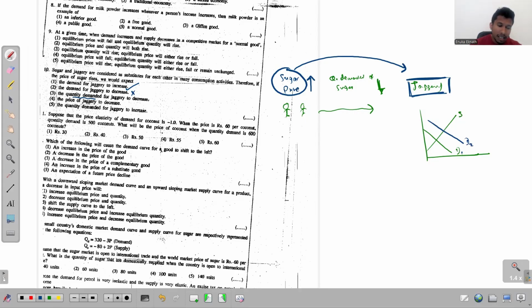But as I mentioned earlier, when the sugar price increases, the sugar quantity demanded will decrease. This is the price of the considered good, and here we consider the quantity demanded of the same good. On one side you take the price of sugar, and on the other side you consider jaggery. Then the demand will change, not the quantity demanded.